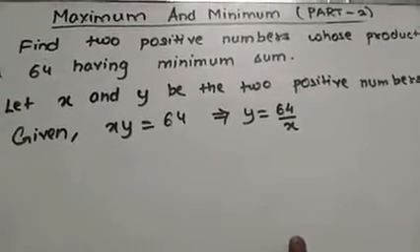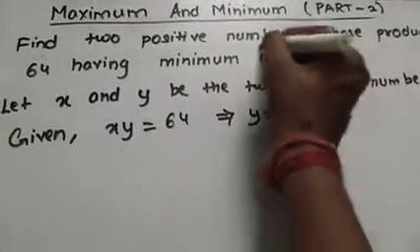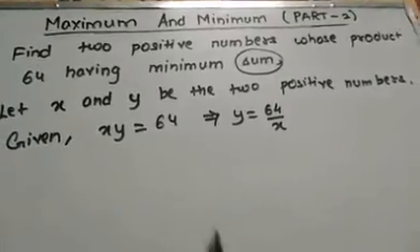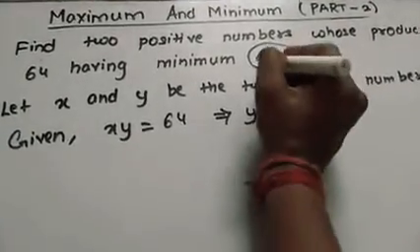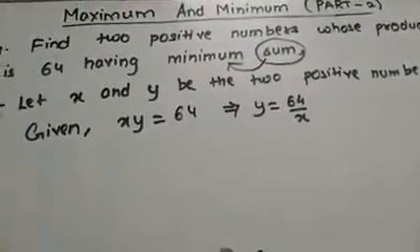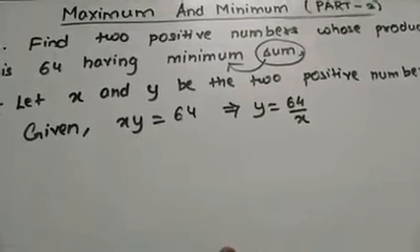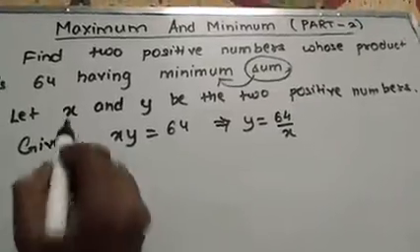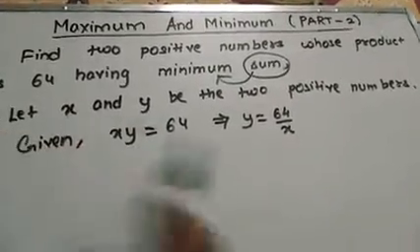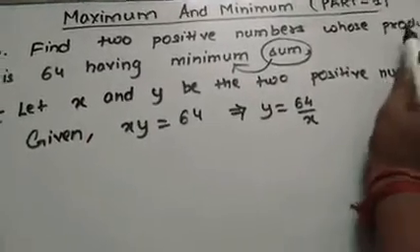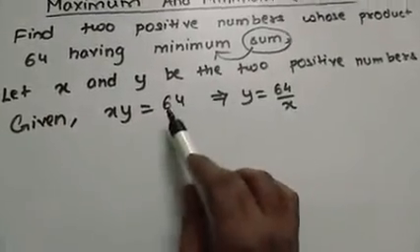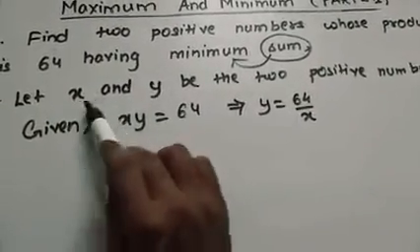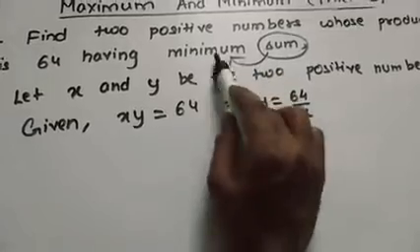Now what we have to find? We have to show that the sum of these two positive numbers is minimum. The question demands that we find these two positive numbers using two conditions: one is that their product is 64, and the other is that their sum is minimum.